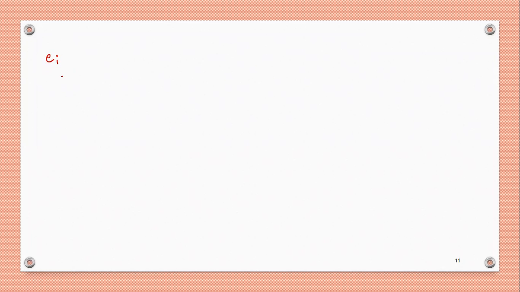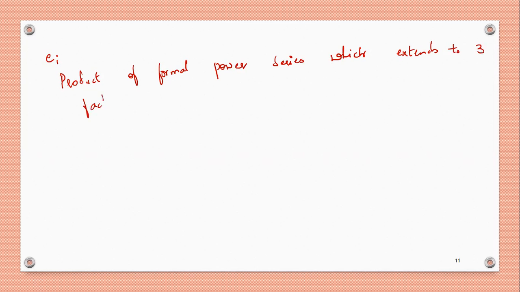So the product of formal power series extends to 3 factors. So instead of 2, now I am taking 3. And instead of considering constraints on this ei, I am writing a general form.